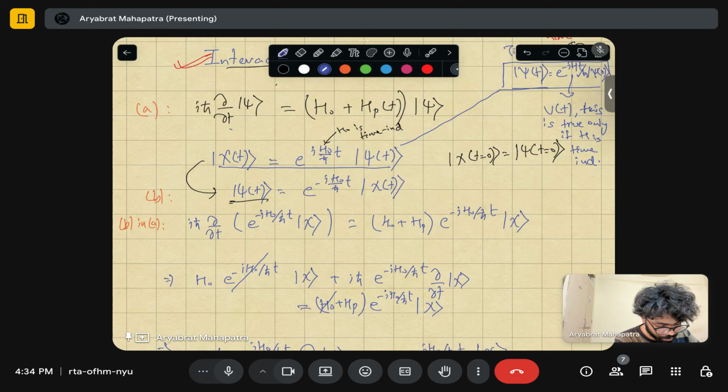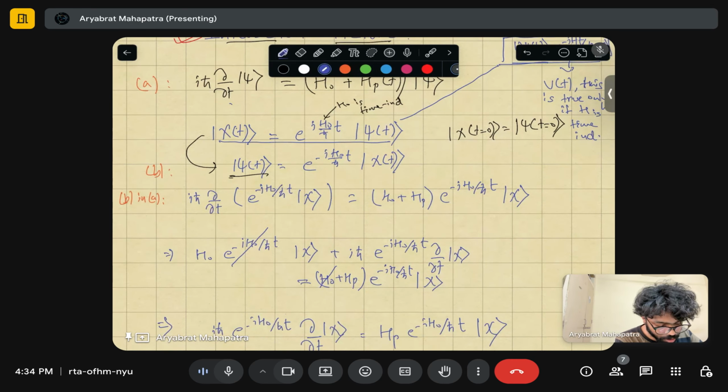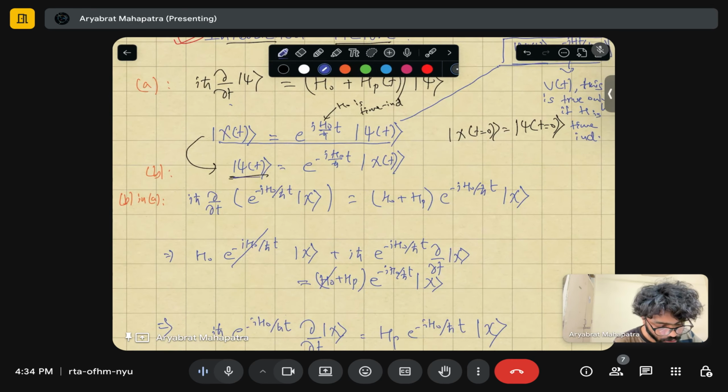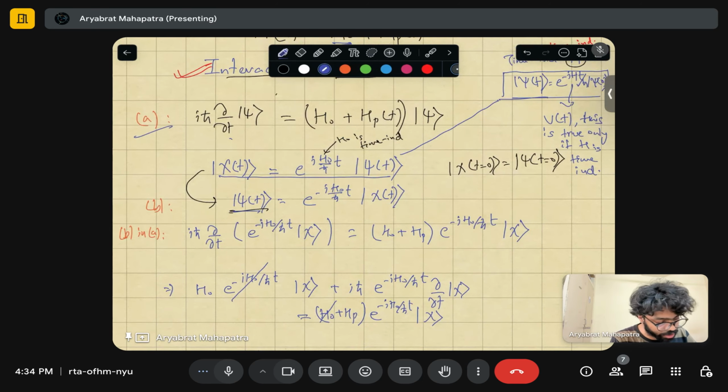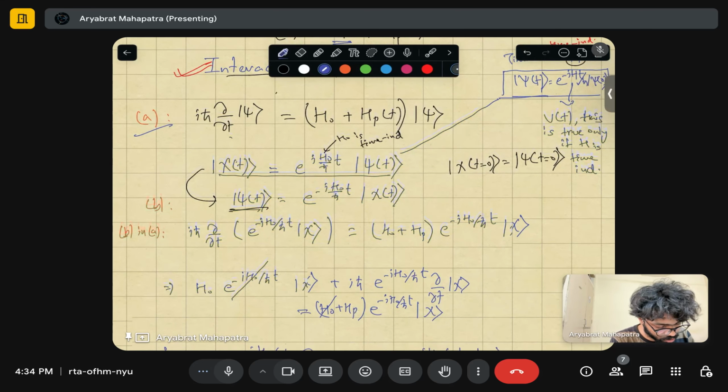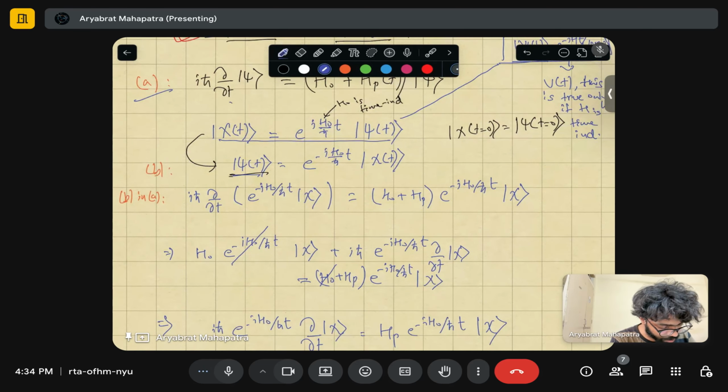So if you substitute this psi of t in your Schrodinger equation, in equation a, you just have to take the derivative on the left hand side. From the chain rule, this is what the first term would be, and your second term would have a derivative on chi.